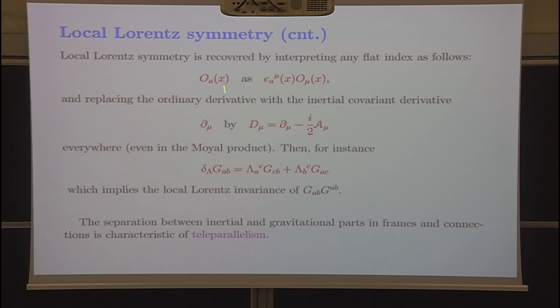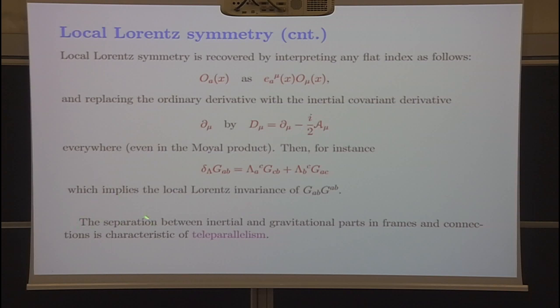And you replace any ordinary derivative with a covariant derivative with respect to the inertial connection, the trivial connection. Even in the Moyal product, there are infinitely many derivatives, but every time you find a derivative like this, you replace it with this. Then you can see that in this way, Lorentz invariance is automatically restored.